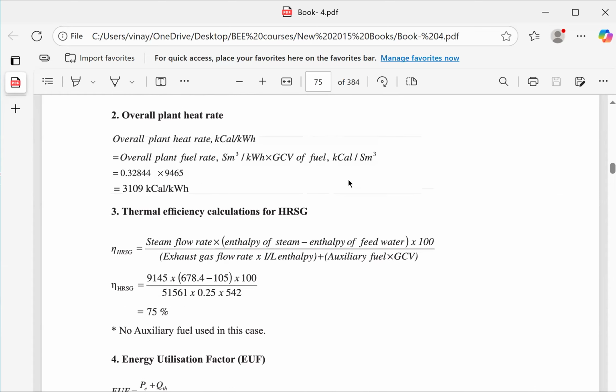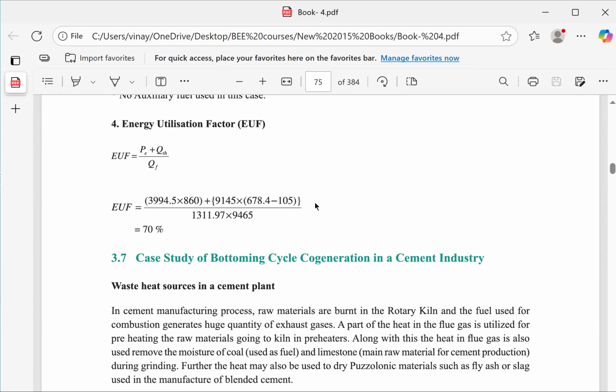If you solve this example, which is already given here, and understand each stage by putting the correct parameters, then your concept will be further cleared. In exam, same example will come, but the parameter numbers will be different. Instead of 105, it may be 120, 678 may be 700, something like that. But the formulas used are same.